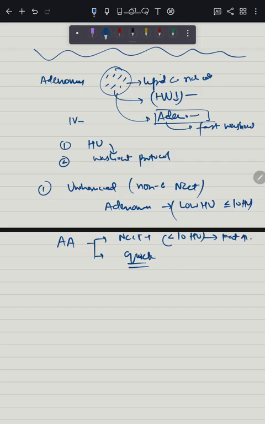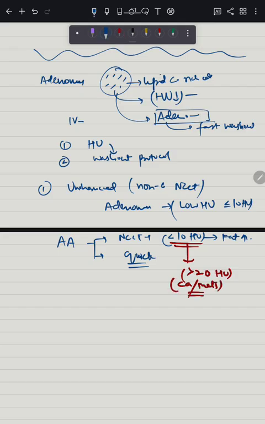In carcinoma or metastasis, the Hounsfield units will be higher, greater than 20 Hounsfield units.